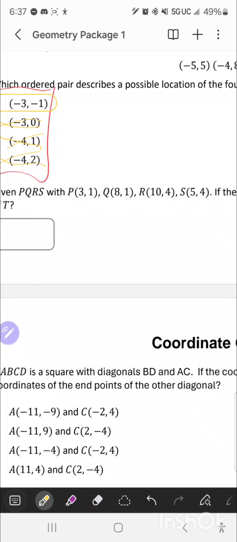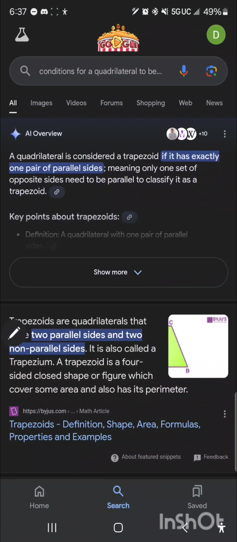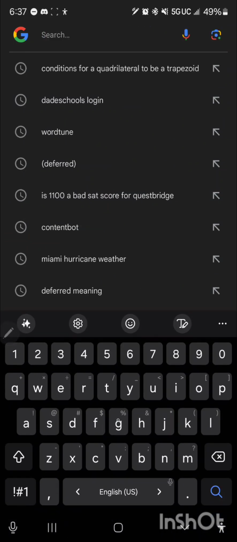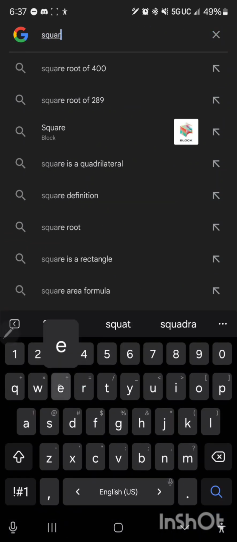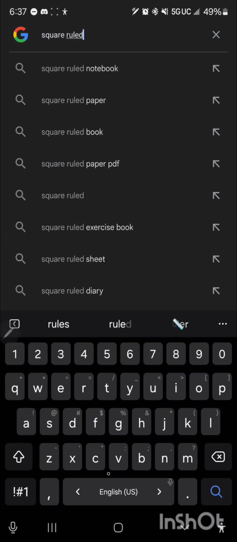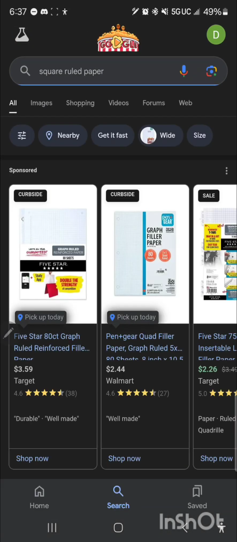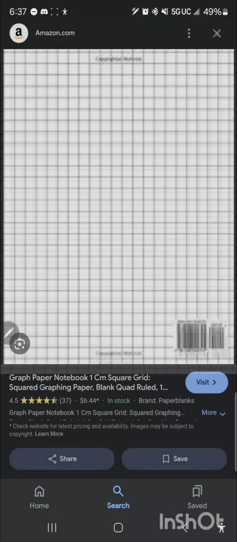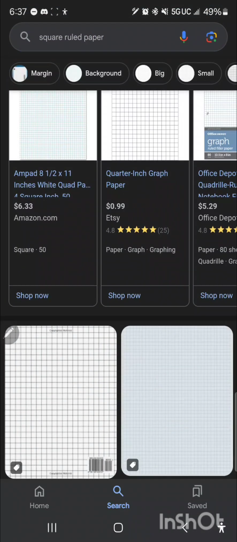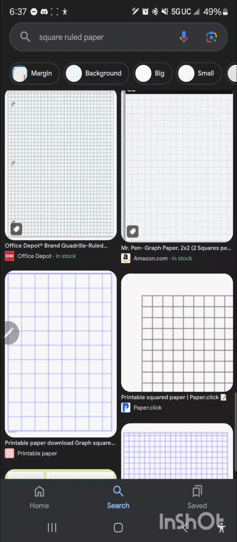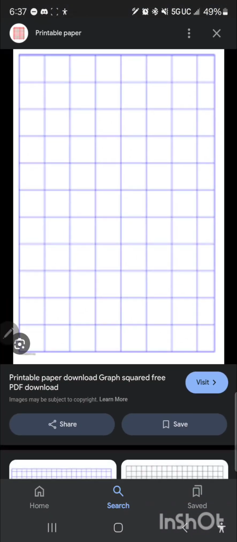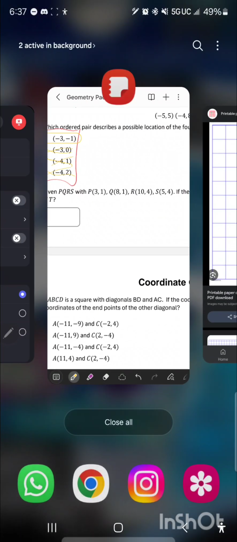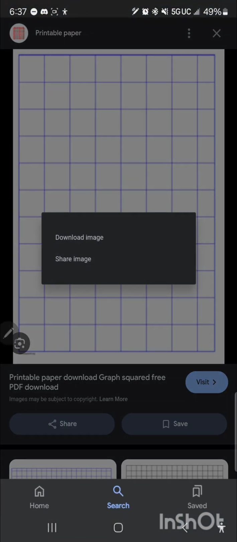Now, you know what? I'm going to use squirrel paper for this. Let's just go to Google, search for square roll paper and take a random picture. Yeah, it downloaded.